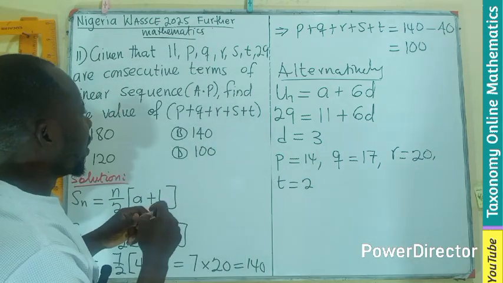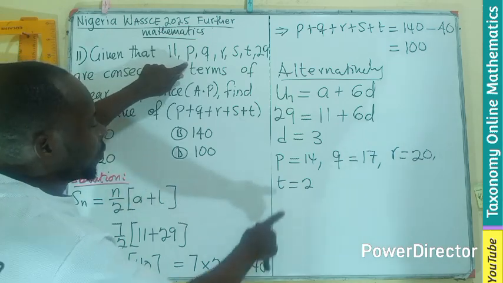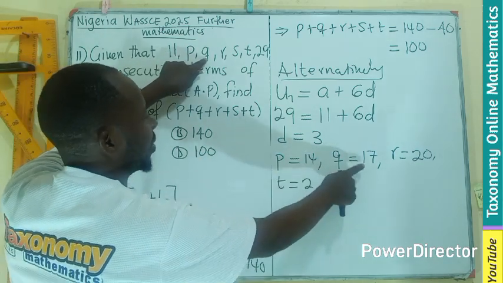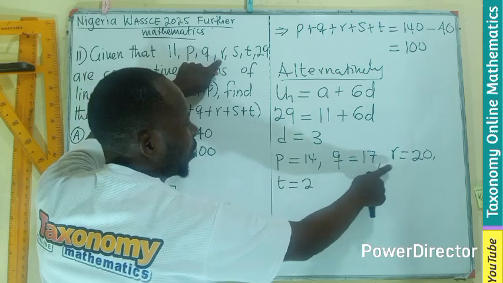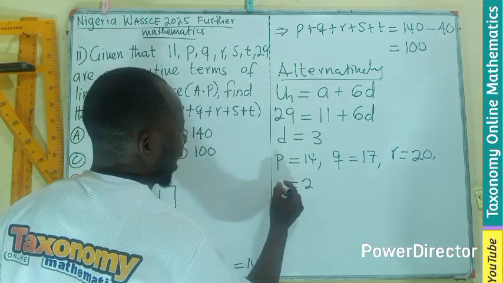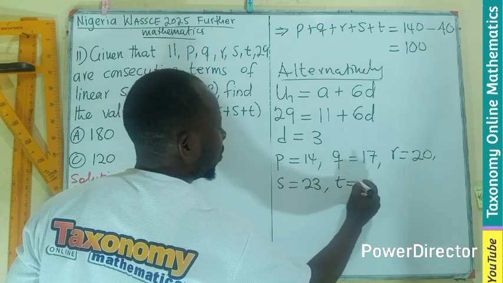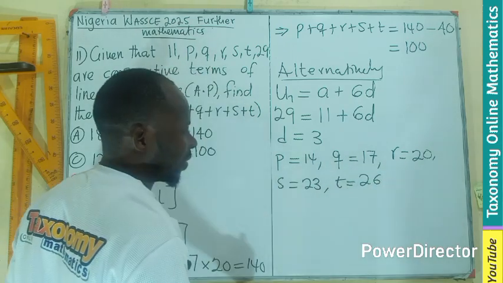Let's check. This is plus 3. We have 14 plus 3, 17 plus 3, we are going to have 20, this is going to be S, that will be 23. Then T is going to be 26.